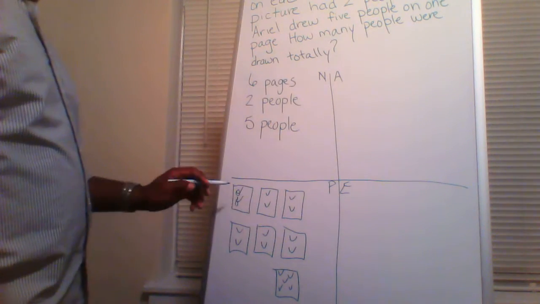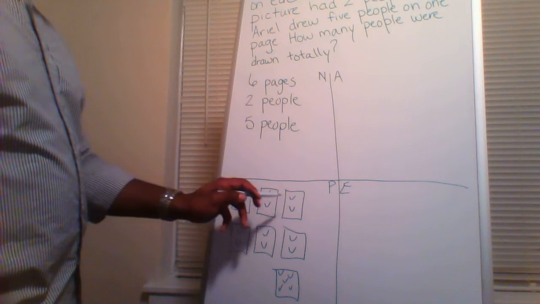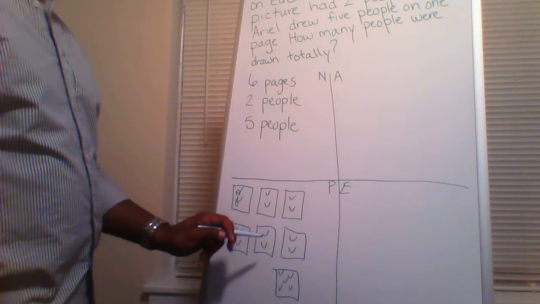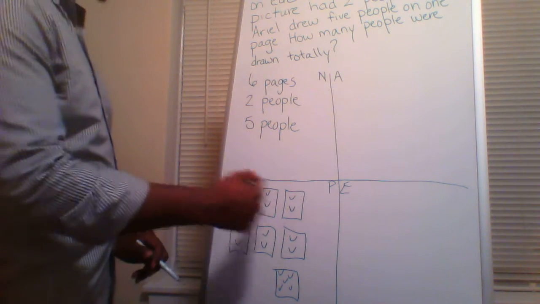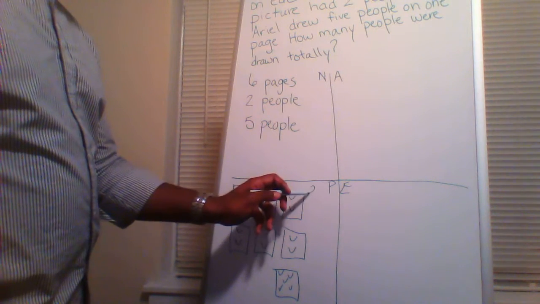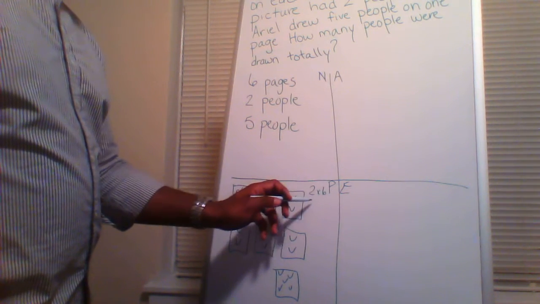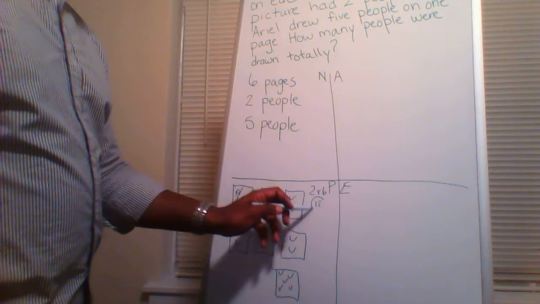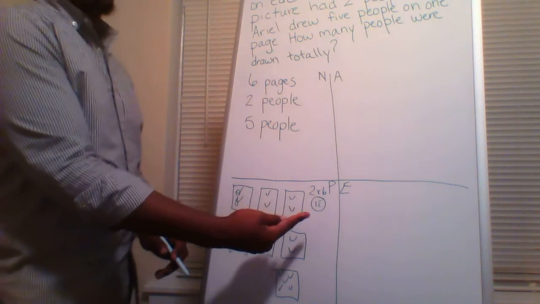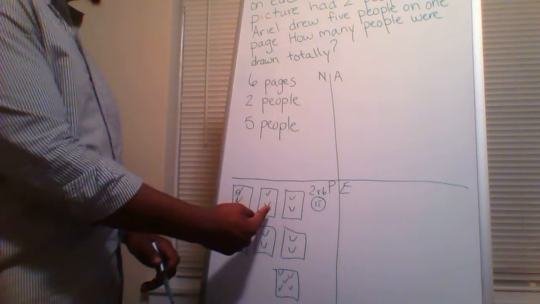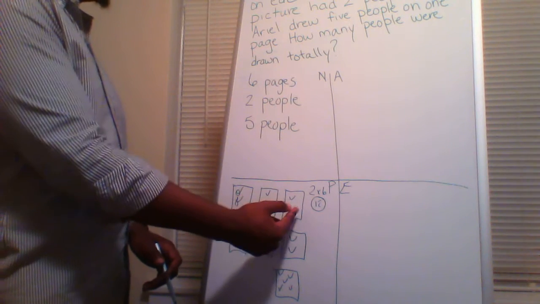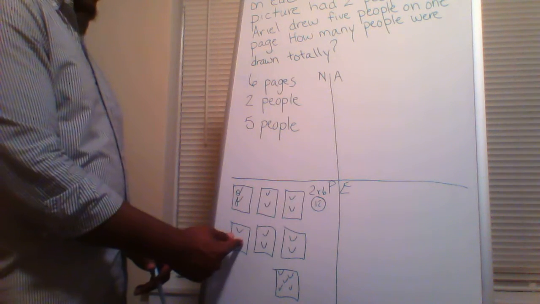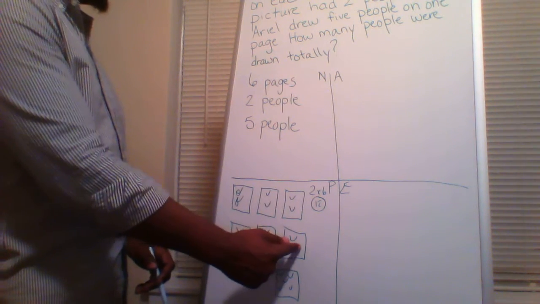So now I have 2 plus 2 plus 2 plus 2 plus 2 plus 2. 2 times 6 equals 12. If I don't know how to multiply though, I can add 2 and 2, that's 4. 4 plus 2, that's 6. 8, 10, 12.